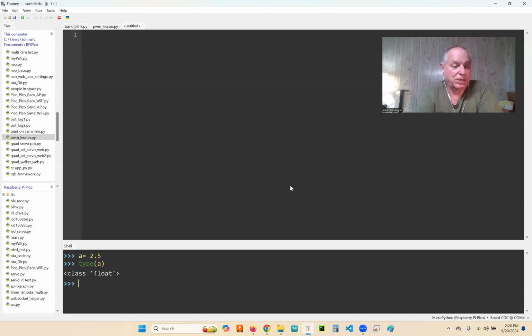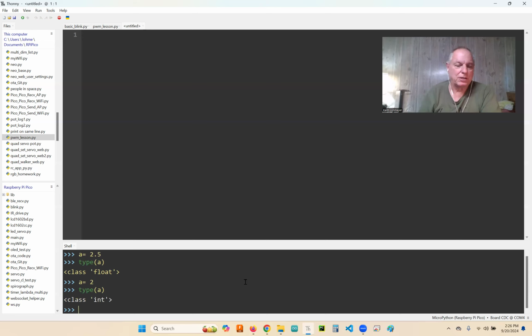And it tells us it is a float. So if we did A equals 2, and then we did type of A, now it's an int.